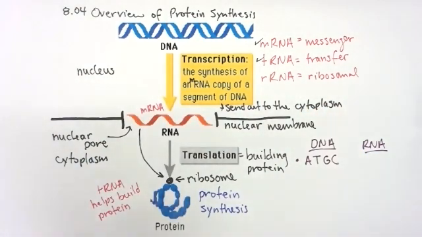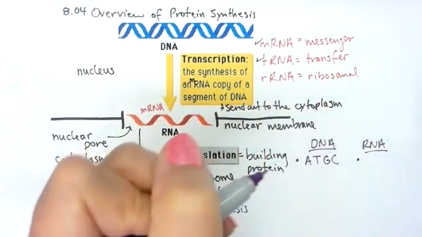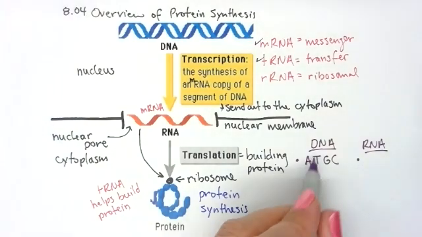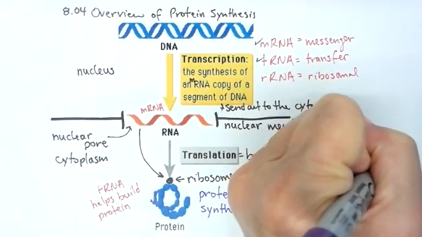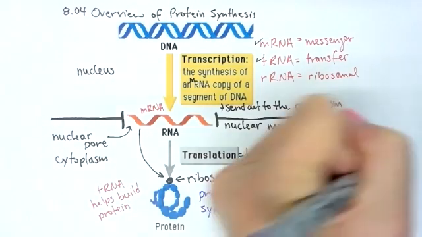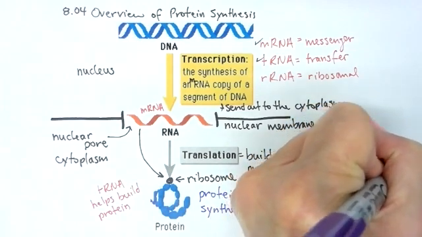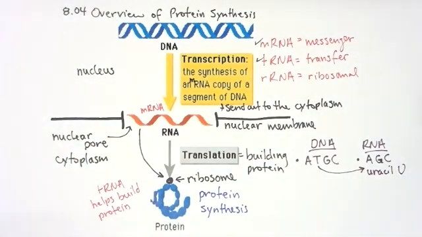But RNA has adenine, guanine, cytosine, but instead of thymine, it has uracil, capital U. You can always tell right away if you're looking at DNA or RNA, because if it has uracil, it's RNA. If you have thymine, it's DNA.